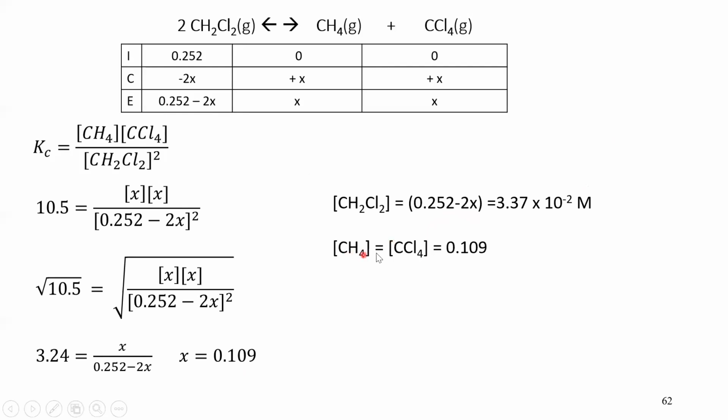And then the methane and the carbon tetrachloride are equal to each other, and they're both equal to X. And there should be a unit. 0.109 molar, it should say.